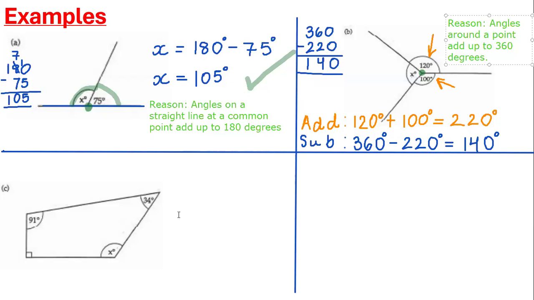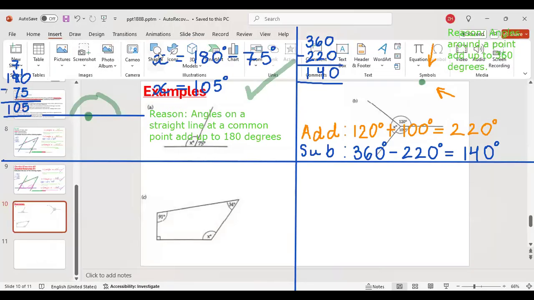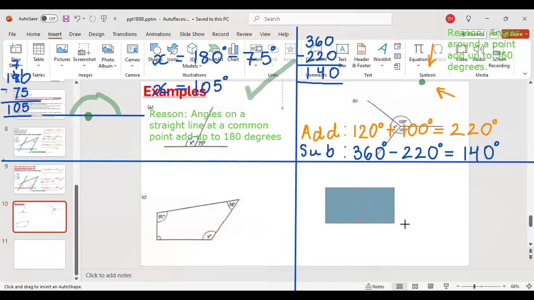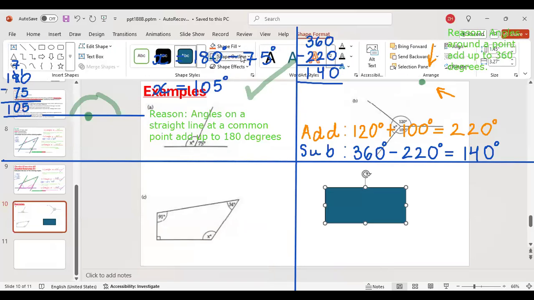What did y'all get for C? Did anyone do C yet? Who did C, and what did you get? I got 145.